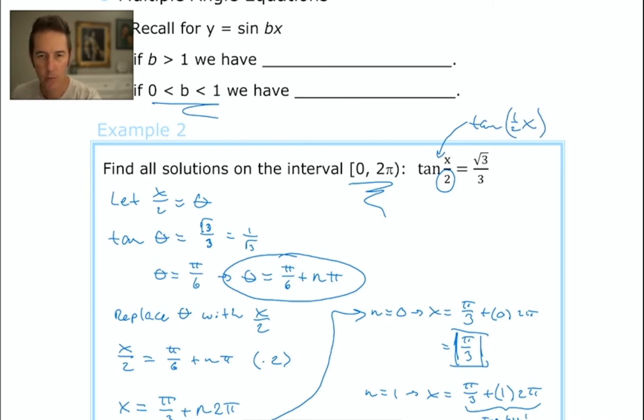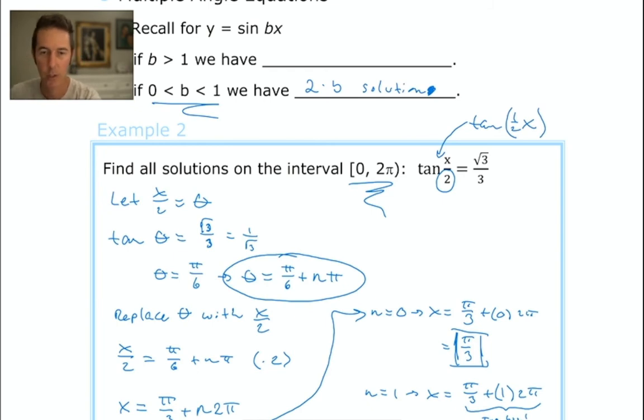And as a result, we ended up with, I guess we could say, 2 times b solutions, because 2 was our normal number of solutions. Multiply that by a b value of 1/2. 2 times 1/2 makes 1, and we only had one solution. So maybe I get rid of the s there because it's singular.